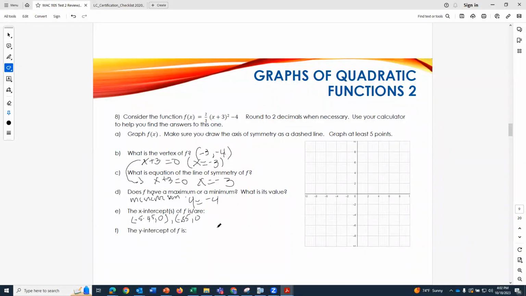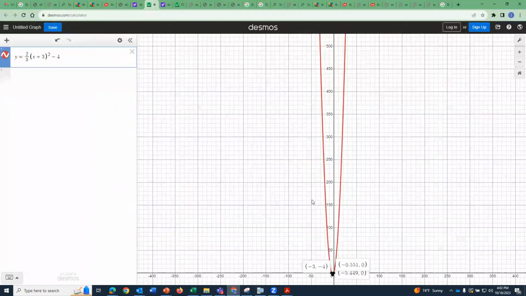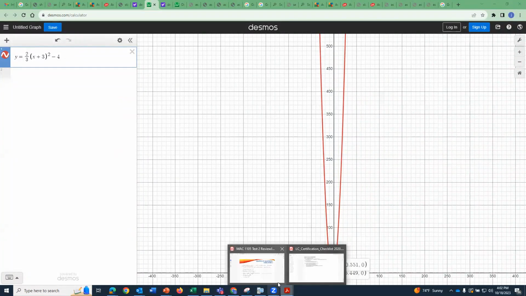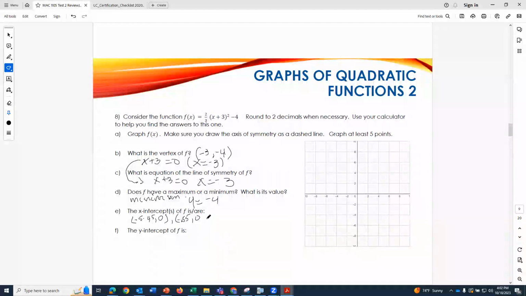And now, what is the y-intercept? If we go back to Desmos, we can find it here easily as well. The y-intercept is where you plug x equals 0.